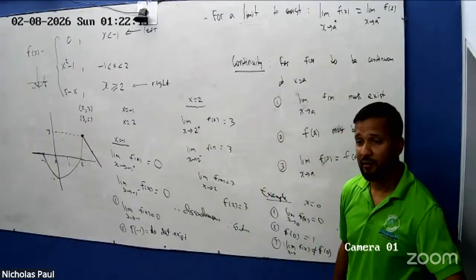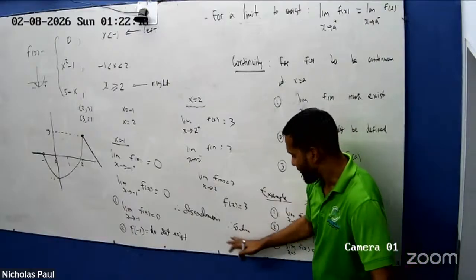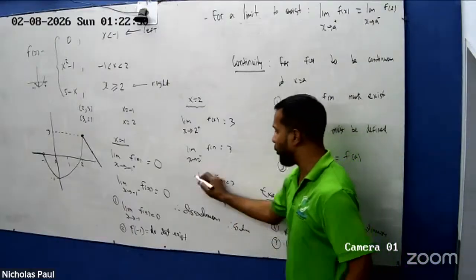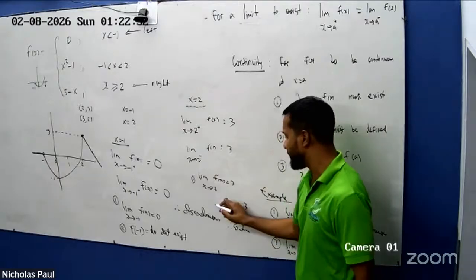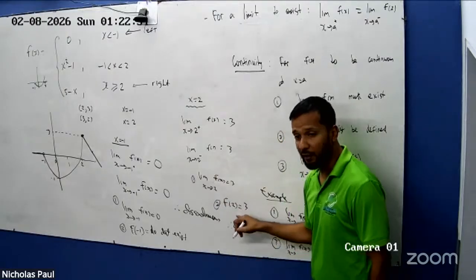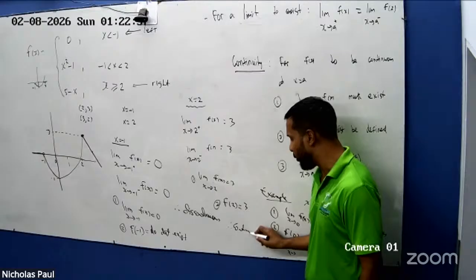Everybody okay with that? It's a little jumbled up, but step 1, you find the limit. Step 2, you find where it's defined. Since they are equal, continuous.